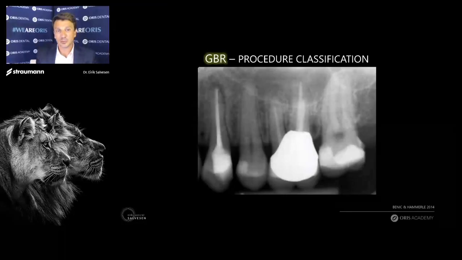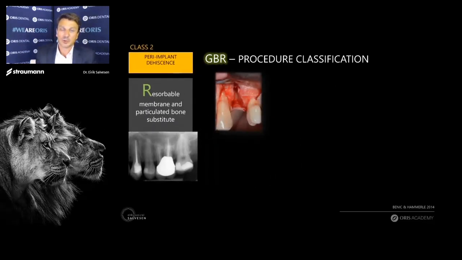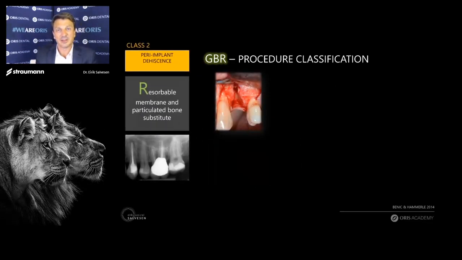So let's put this into a case again. This is a young female that has symptoms from her upper first premolar, tooth number 2-4. When we extract that tooth, we see that there's a defect, but there's apical bone, there's chronic infection, there's potential of having stability of the implant in this case.